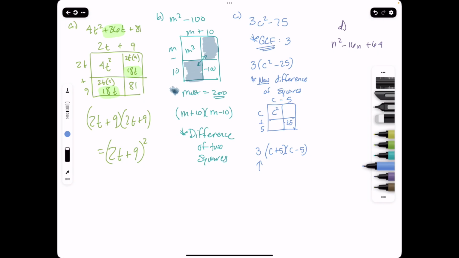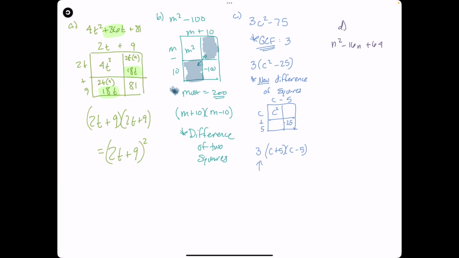Don't forget the 3 is still there out front. It didn't just disappear.